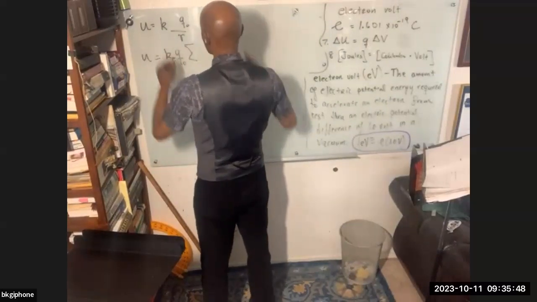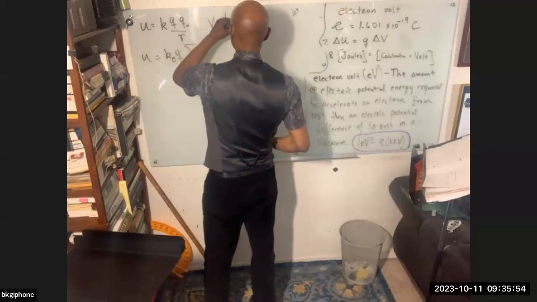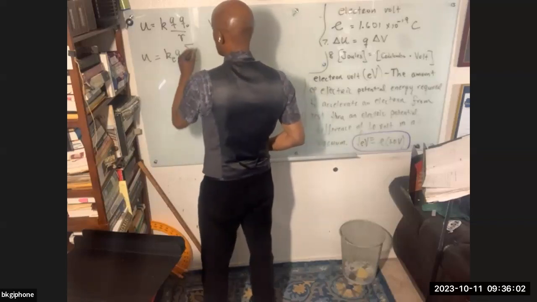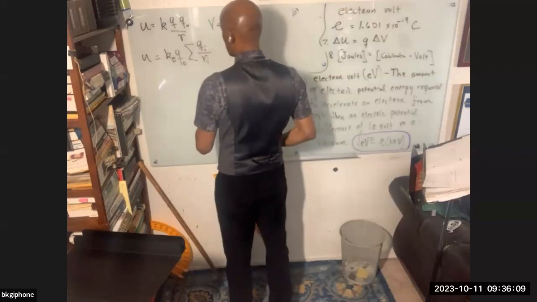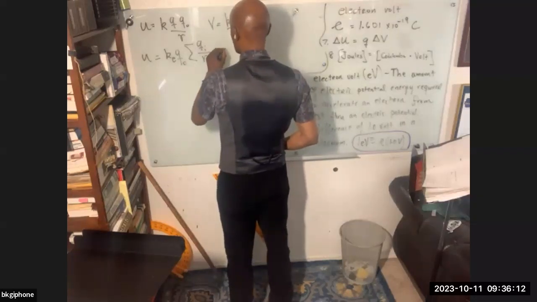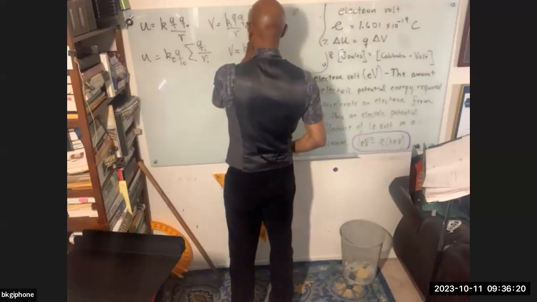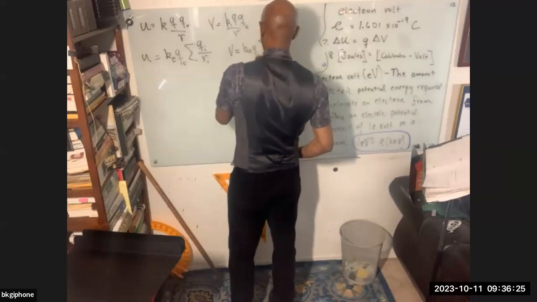I'm going to go back to just using small q, which means it's the charge setting up the field, and Q naught is always associated with the test charge. So this energy is going to be all the various charges Q sub i over the R sub i's. Whereas the potential, same thing for a series of charges, is going to be equal to K times the summation of the Q sub i's over the R sub i's.